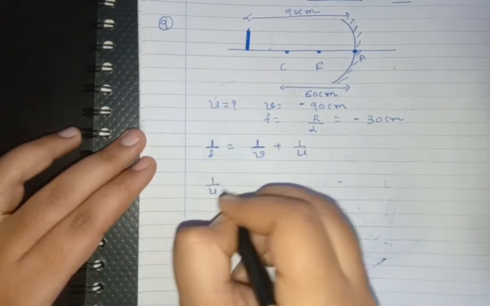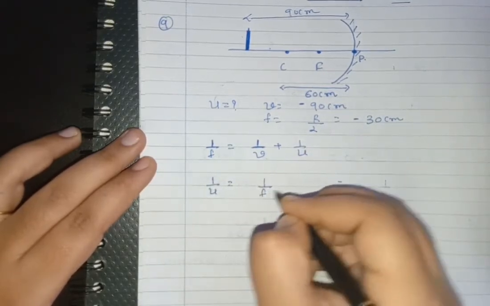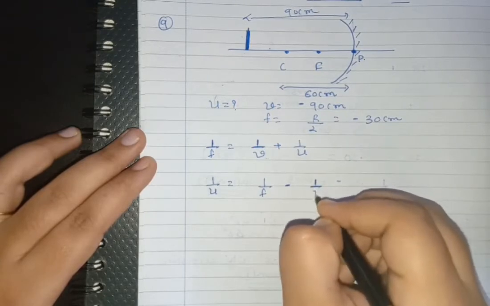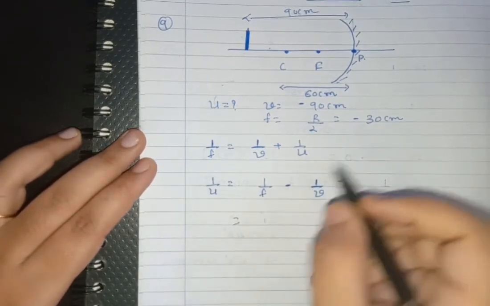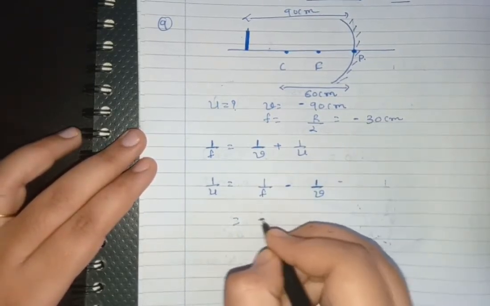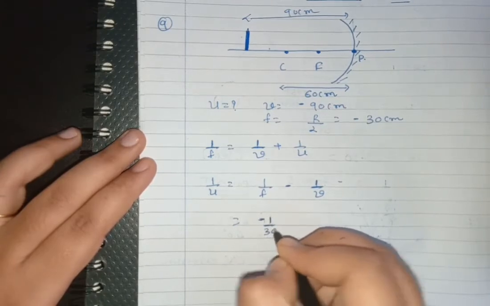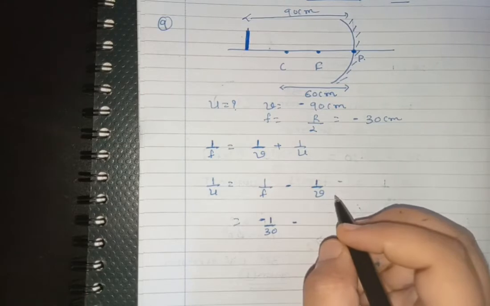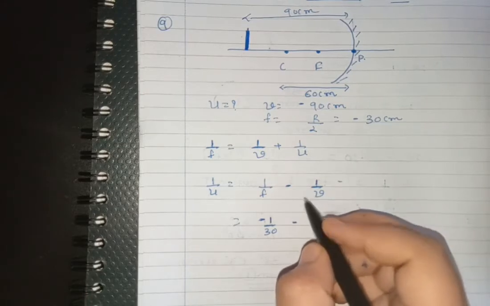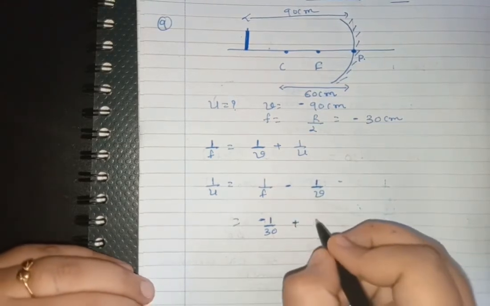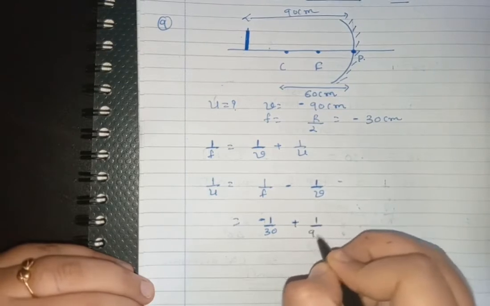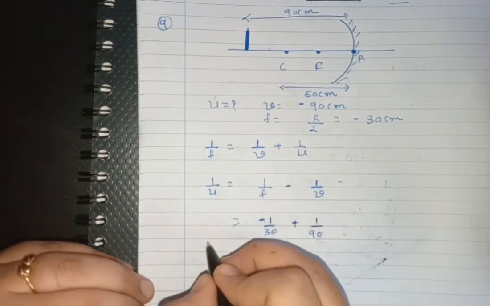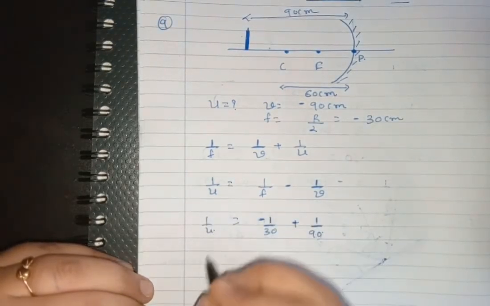So we can write 1 by u is equal to 1 by f minus 1 by v. Put the values. Focal length is minus 30 cm. So 1 by minus 30 cm minus the image distance is minus 90 cm, so minus minus plus 1 by 90, that is equal to 1 by u.